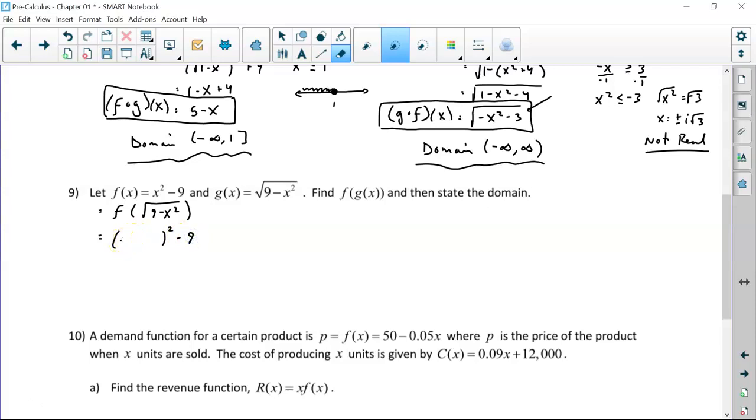And in that, we're going to put the square root of 9 minus x squared. We're going to substitute. So when we square that square root, they cancel each other out. We're left with 9 minus x squared minus 9. So f of g of x is going to equal negative x squared.